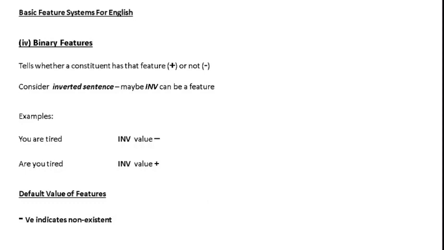But in the course of parsing, or when we are doing some operations, we may reset the values of those features from minus to plus, or some other valid value, and the rest of the features which are not used will have minus value, and they will be discarded. So this is the use of binary features.